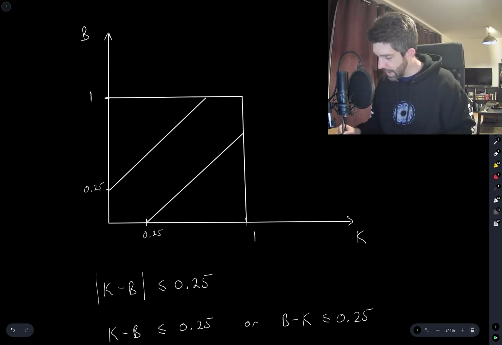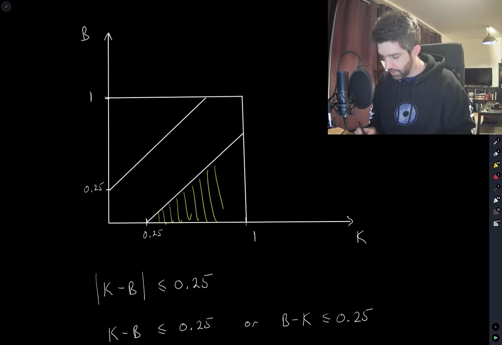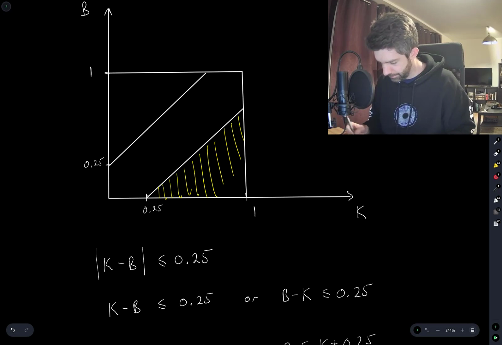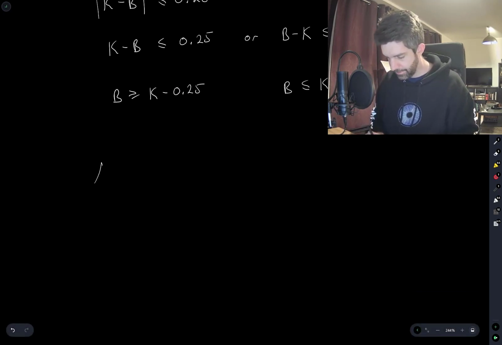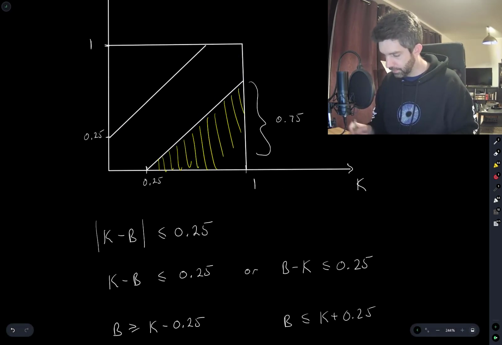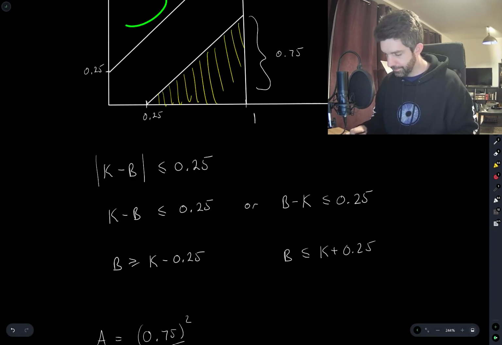Okay, so we need to figure out the area of this region. I think the easiest way to do that is to compute the area of this triangle. So this side is 0.75. So that area is 0.75 squared over 2. But there are 2 of them because there's the lower triangle here and the upper triangle there.